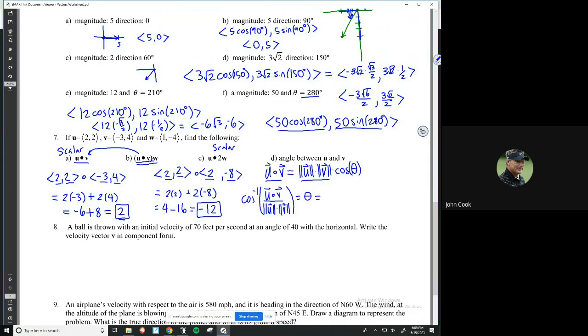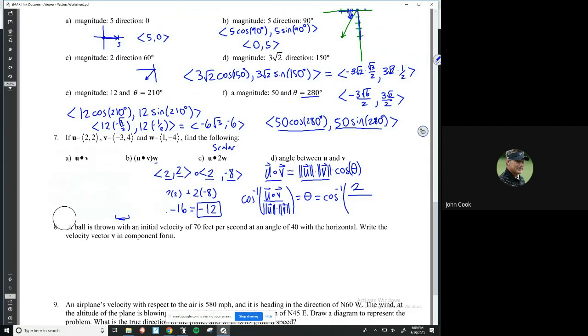So theta is going to be equal to cosine inverse of, I have to do the dot product of U and V. And I think I already did that, right? Yeah, I did the dot product over here. So it's 2. So 2 over, and then what's the magnitude of U? Let's do that one real quick. The magnitude of U is equal to the square root of 2 squared plus 2 squared.